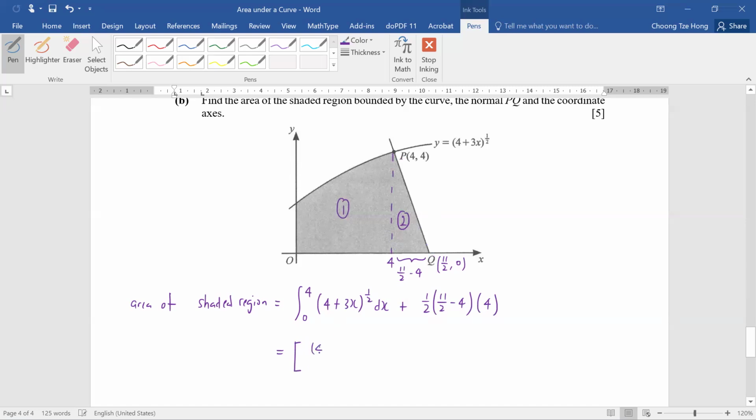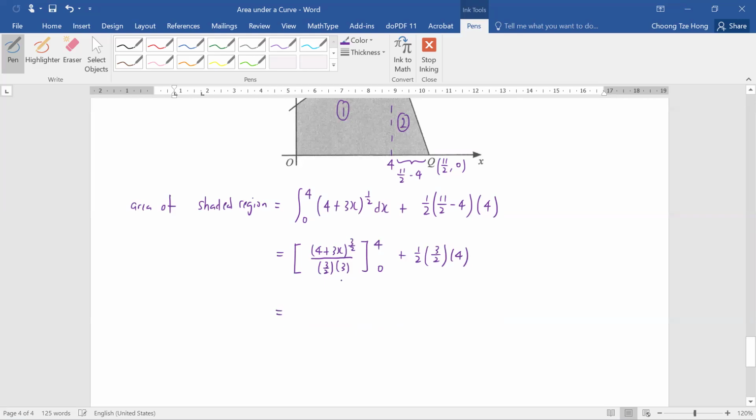Let's integrate this. For integration, we add 1 to the power, so we get 3 over 2, then divide by the new power 3 over 2. Differentiate inside to get 3, and divide by that as well. Then this one we get plus half times 11 over 2 minus 4, which is 3 over 2, times 4.